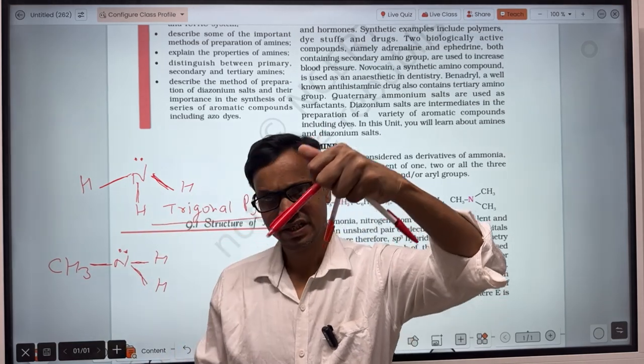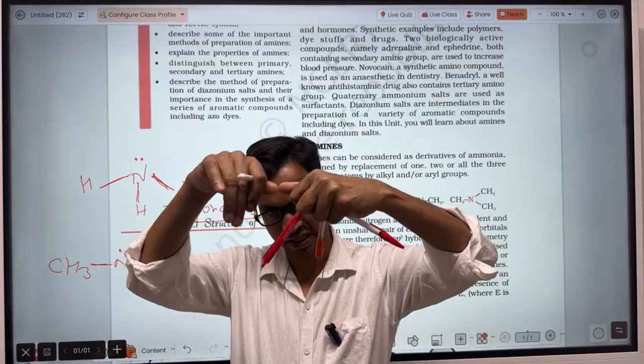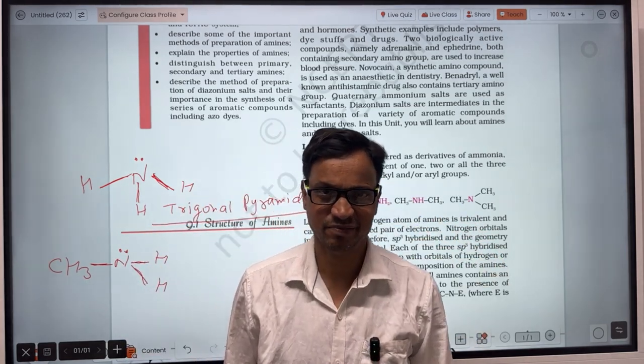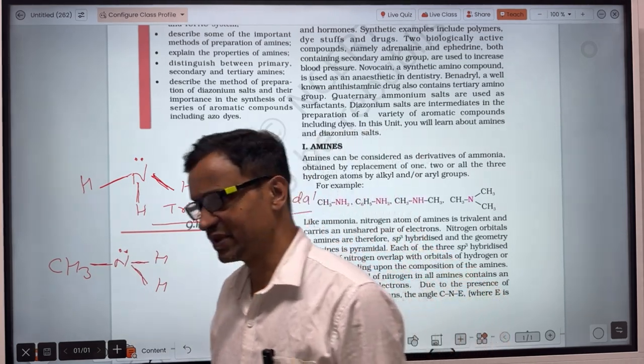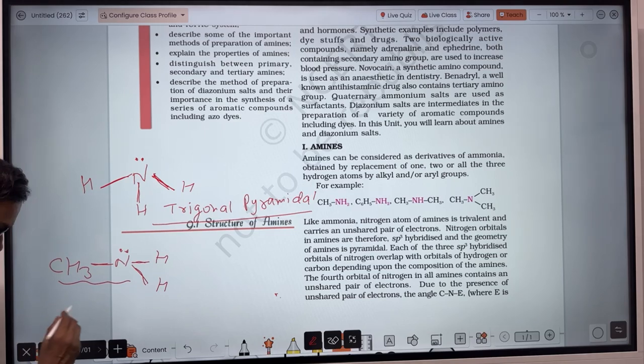So the shape around this functional group will also be trigonal pyramidal, as in the case of ammonia. At this end, the shape will be trigonal pyramidal.